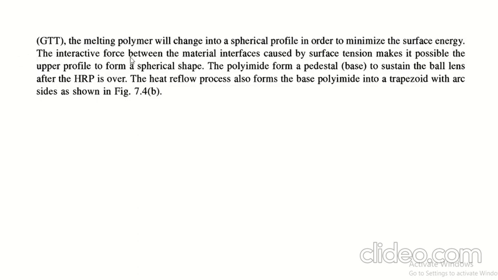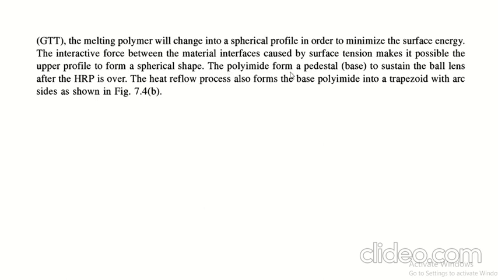The interactive force between the material interfaces caused by surface tension makes it possible for the upper profile to form a spherical shape. So this is the basic technique, that interactive force between the material interfaces caused by surface tension provides it a spherical shape.